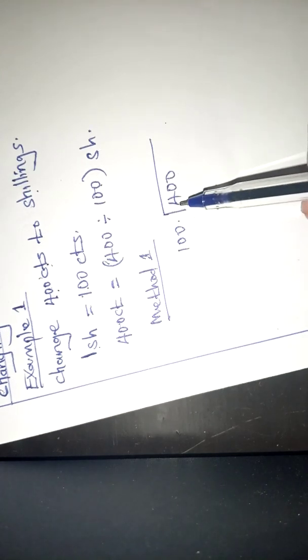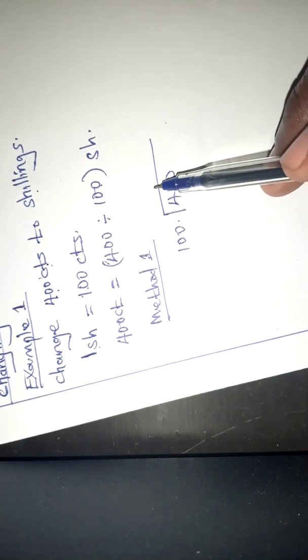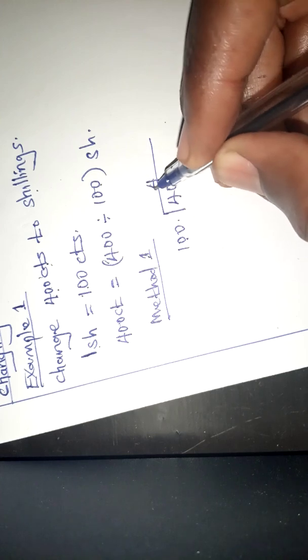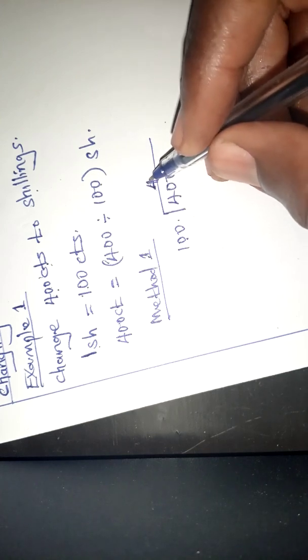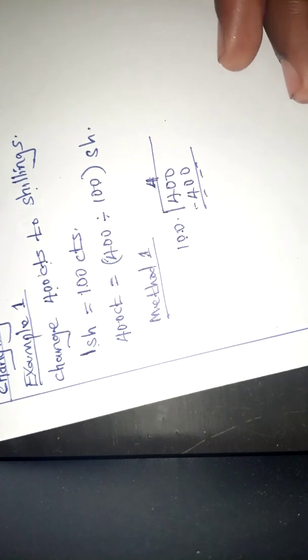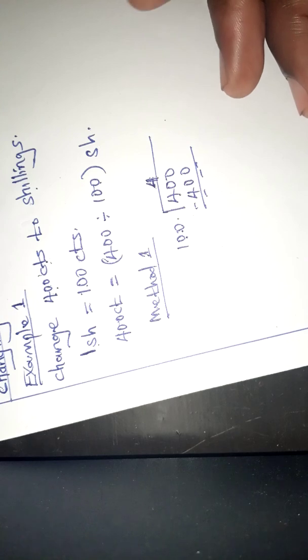Here now, when it comes to dividing, you ask yourself, which number can I put here? I multiply it with this, I get a number which is equal to this. So if you put here 4, let us try 4. 4 times 100, you get 400. When you subtract, you get nothing.